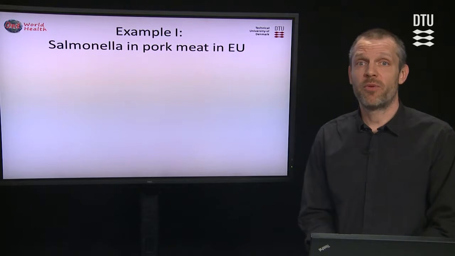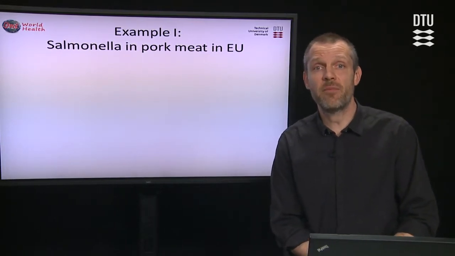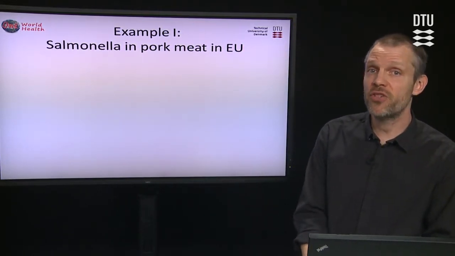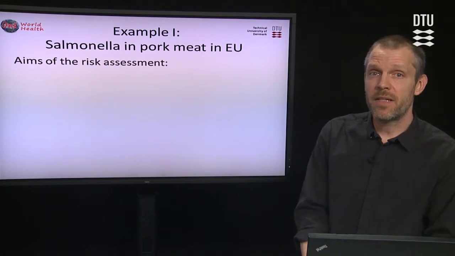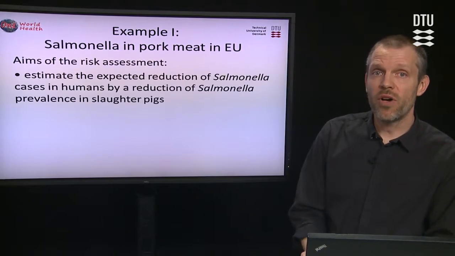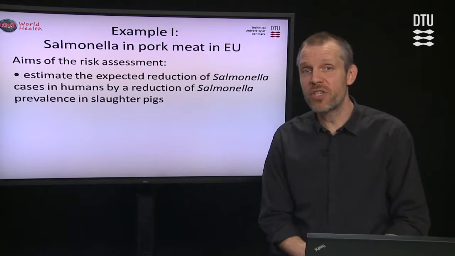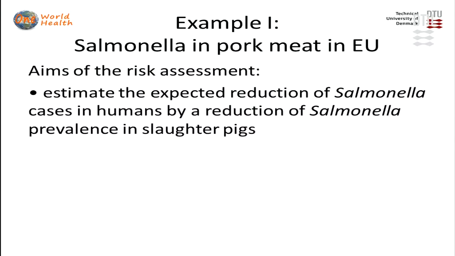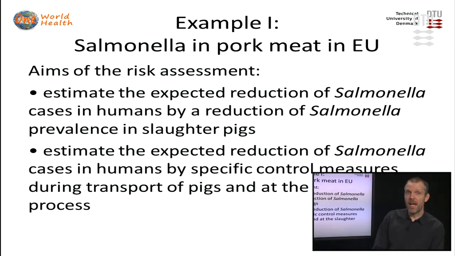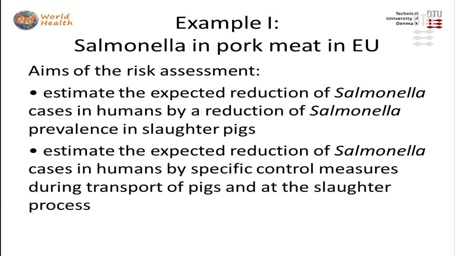The first example I want to show you has the title Salmonella in pork meat in the European Union. The aim of this risk assessment was to estimate the expected reduction of Salmonella cases in humans by reduction of Salmonella prevalence in slaughter pigs, and also to estimate the expected reduction of Salmonella cases in humans by specific control measures during the transport of pigs and the slaughtering process.